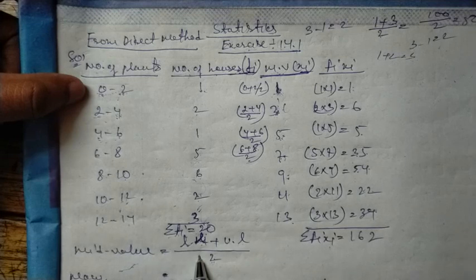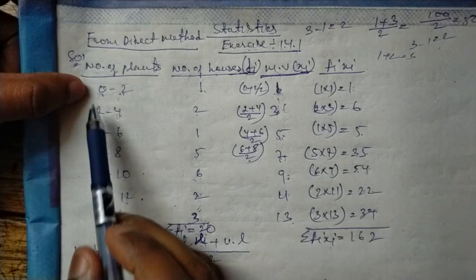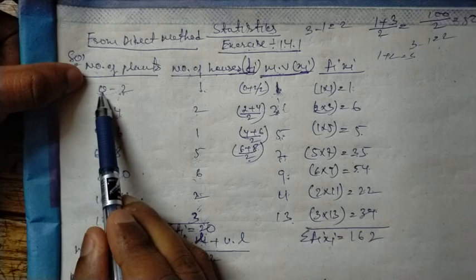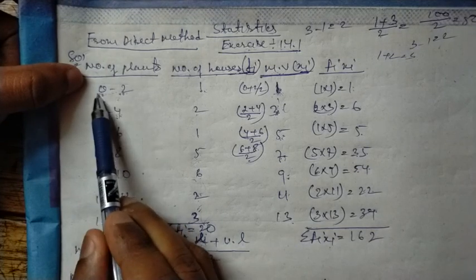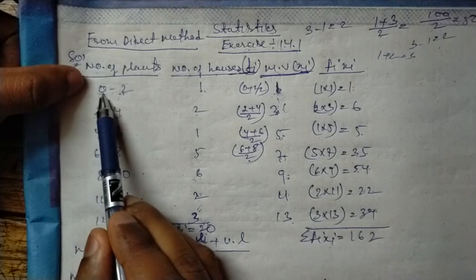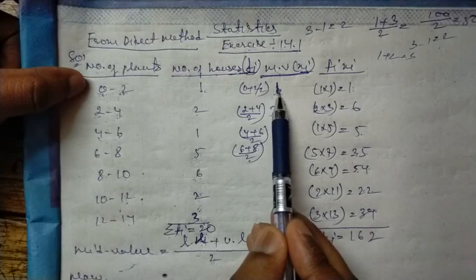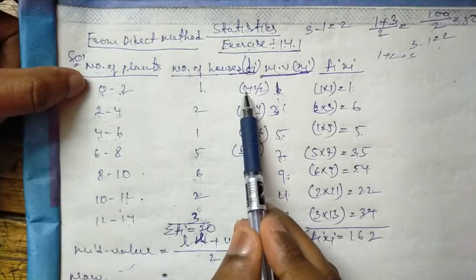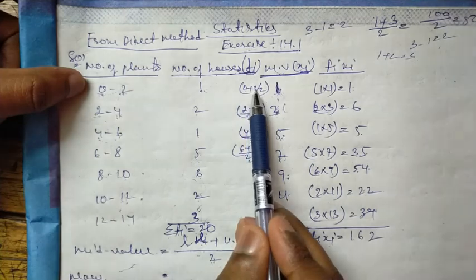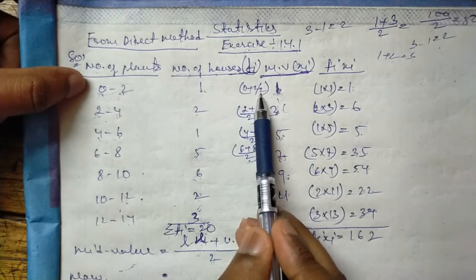I've explained this in the introduction of mean. First look at the classes so that you understand it well. This is the lower limit, this is the upper limit. You have to add both numbers: 0 plus 2 is 2, divided by 2 is 1.